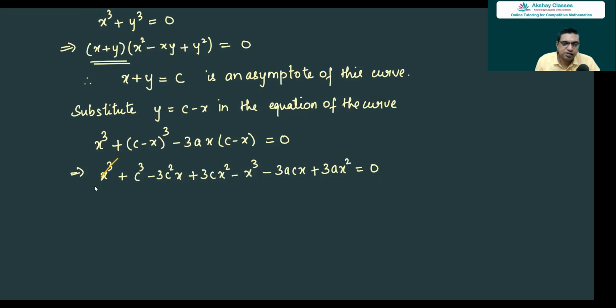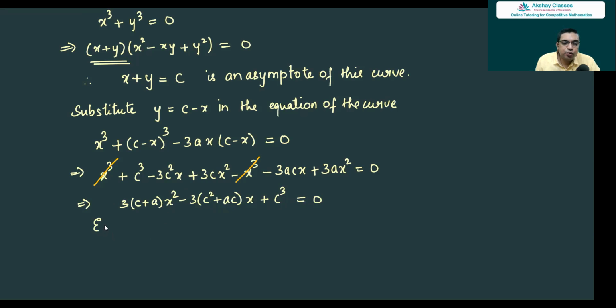Now what happens? x cube and x cube cancel. So we are left with 3c x square and 3a x square. So 3 times (c plus a) times x square minus 3 times (c square plus ac) x plus c cube equal to 0.